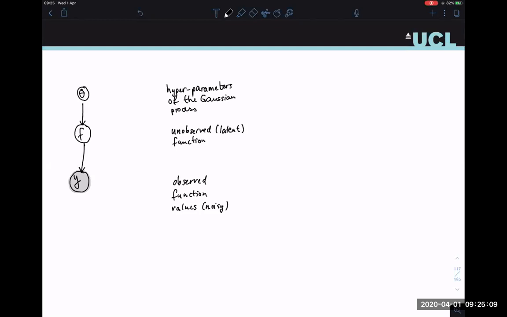Maybe in the corresponding model for linear regression, we also had observed y values, the noisy function values, and then we had a diagram that looked like this. So this one is the GP setting, and this one is the linear regression setting.